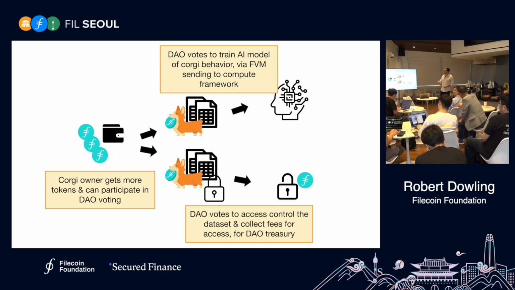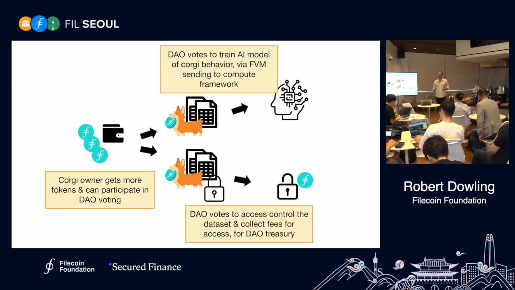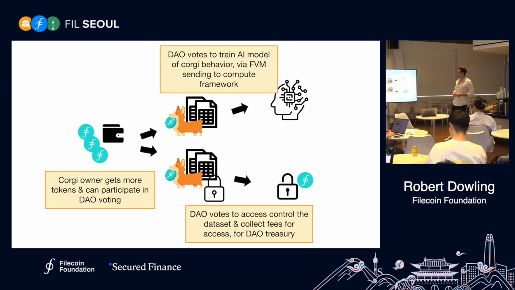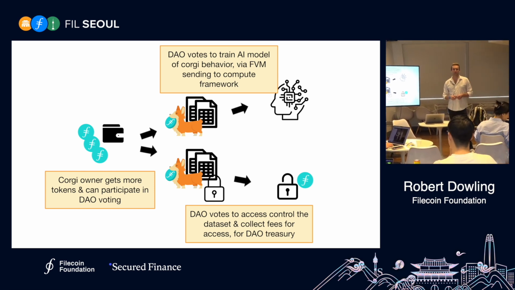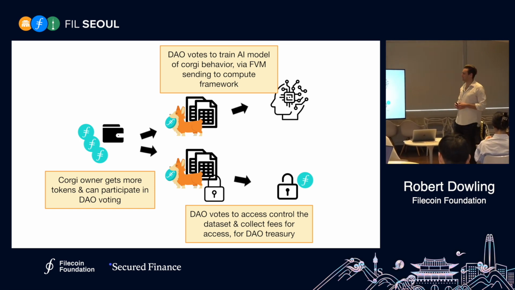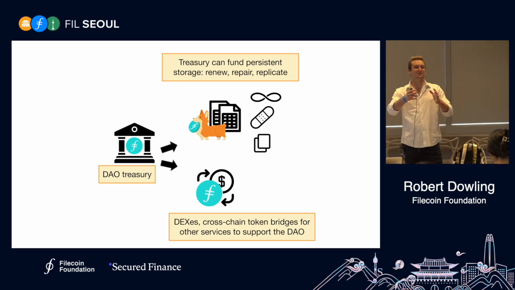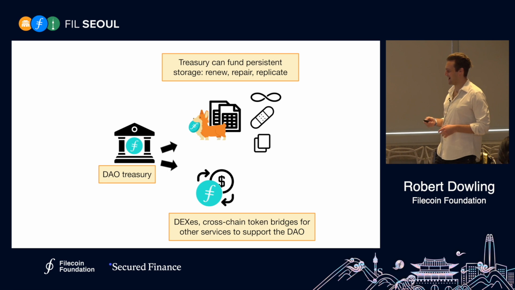And with that data, the DAO can then vote on what to do with that information. For example, training an AI model about their corgi behavior, or give their veterinarian access to the data. They might decide to vote for that.